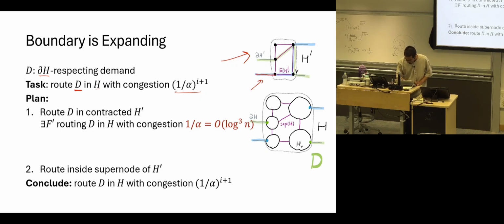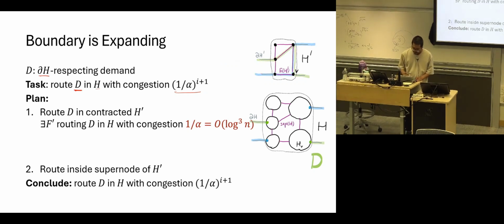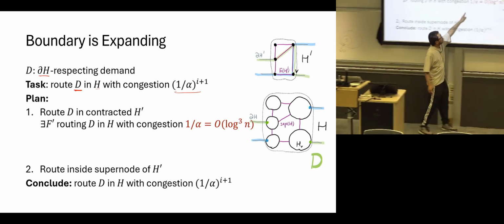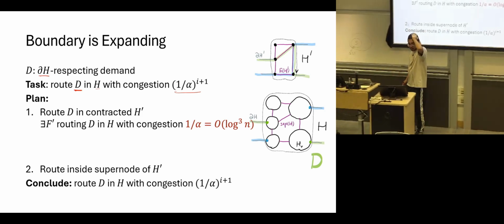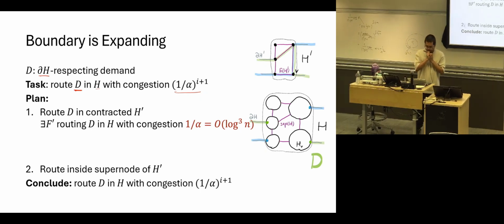I just need to route from blue point to blue point, green to green. Why is it the case that I can route this demand in H with congestion just 1 over alpha? Why is that? What do we know about the boundary of H prime?